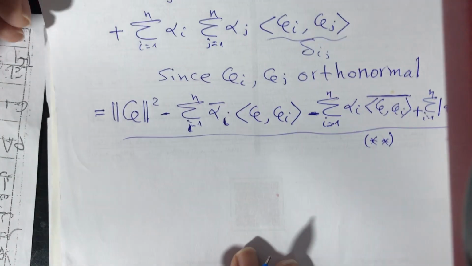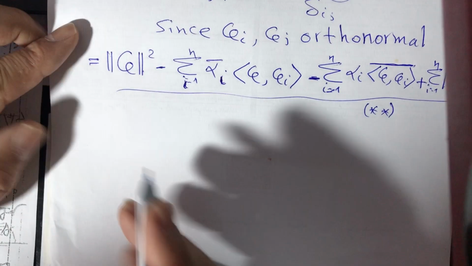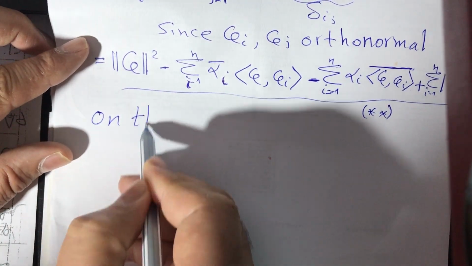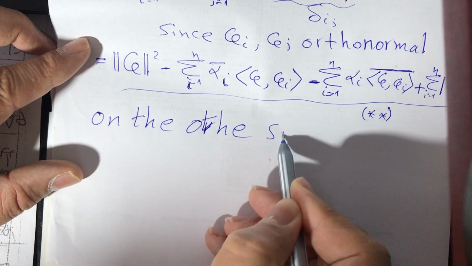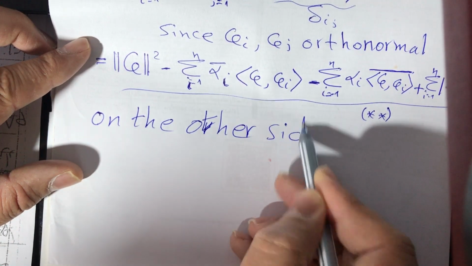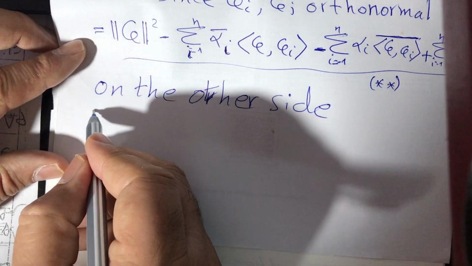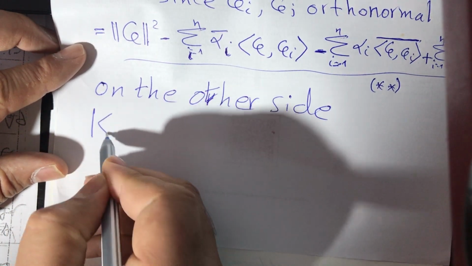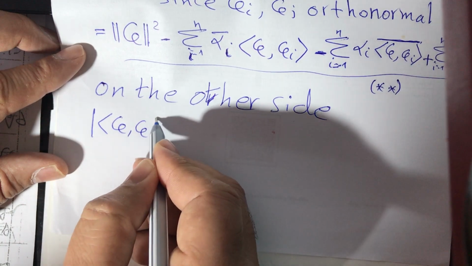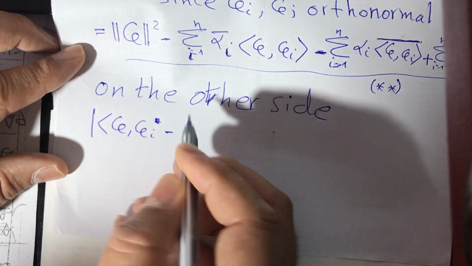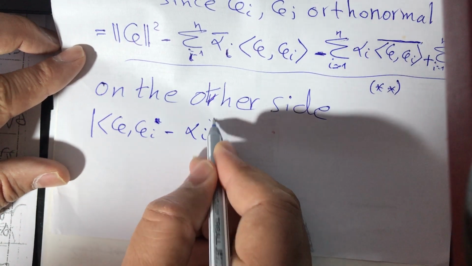On the other side, the absolute value of phi i minus alpha i, squared.